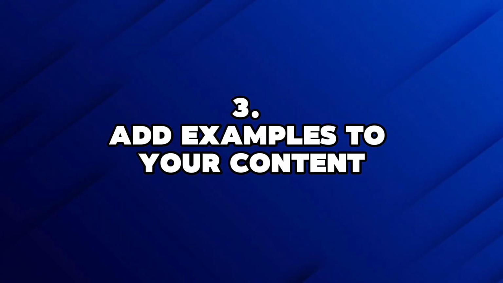The third tip is to add examples. So many people think that when you're writing articles for developers, they are very technical, that it shouldn't be fun reading it. You should add stories if possible, add examples of what you're trying to write.